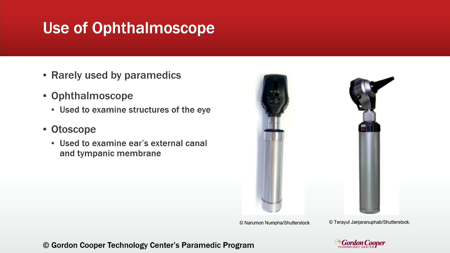These devices require a certain amount of specialized training, so we rarely see them being used by paramedics in the field. So they don't have much of a place there, but you just need to be familiar with the devices that are needed to get a really good look at someone's eyes or ears.